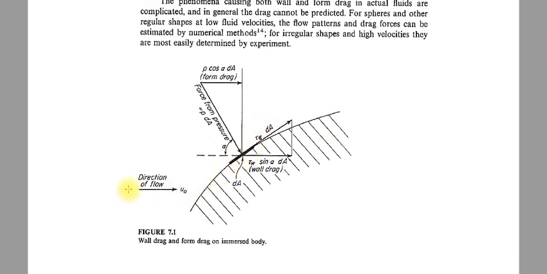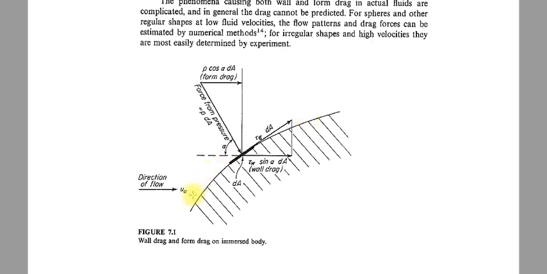So basically, this is a solid body immersed in the fluid, and this is the fluid which is flowing in this direction. There are two different types of forces exerted by the fluid on the solid body. The first force is the friction force, the shear force, which we have already studied in the closed channel also.